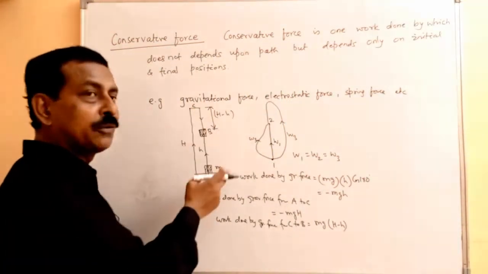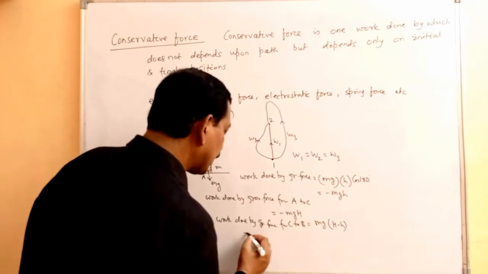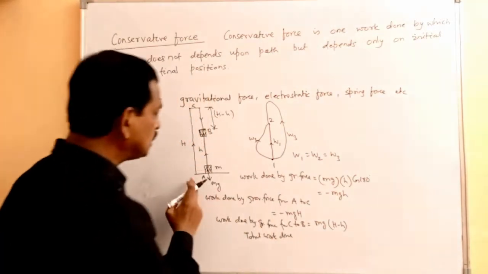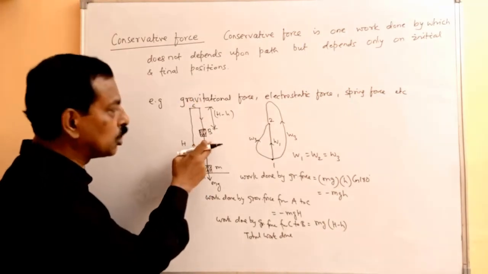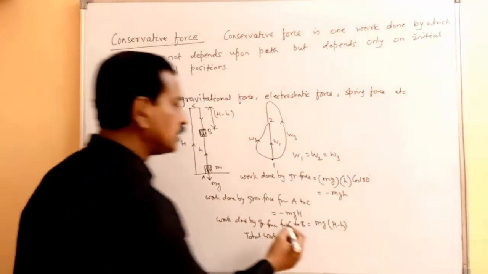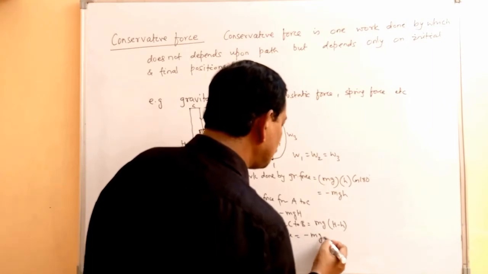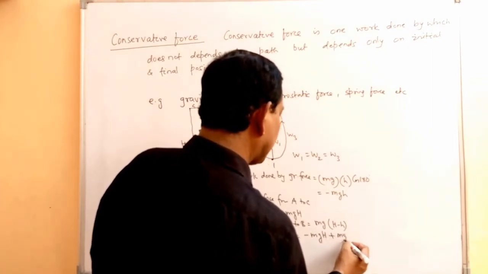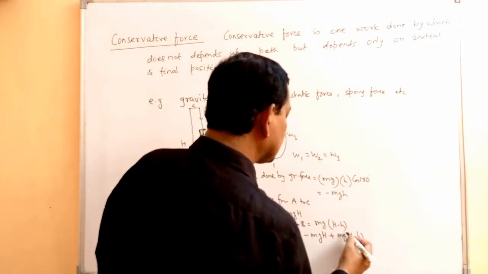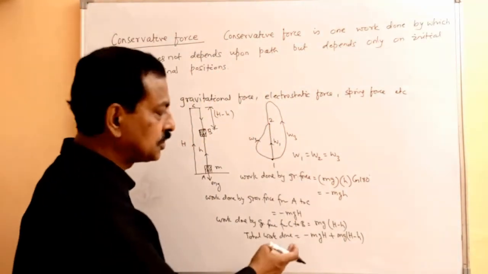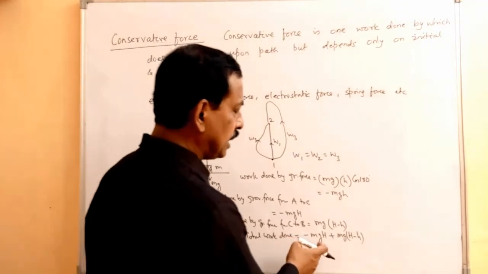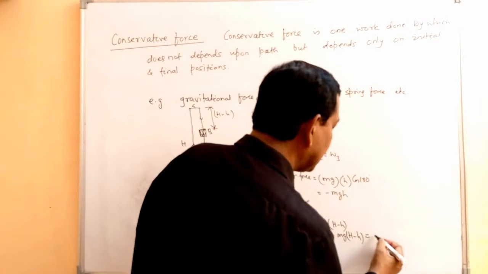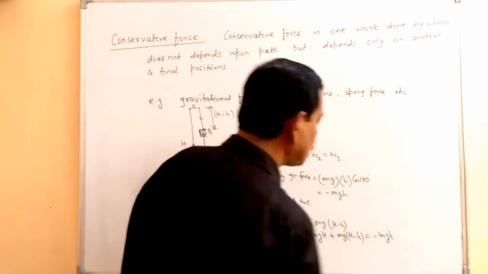Now what is the total work done? The body is moved from point A to C and brought back to B. The total work done will be minus mg capital H plus mg into capital H minus small h. You can see the minus mg capital H and the plus mg capital H will cancel, and you get minus mgh.